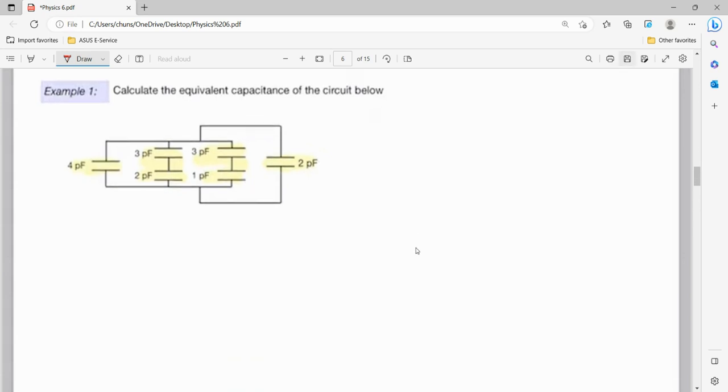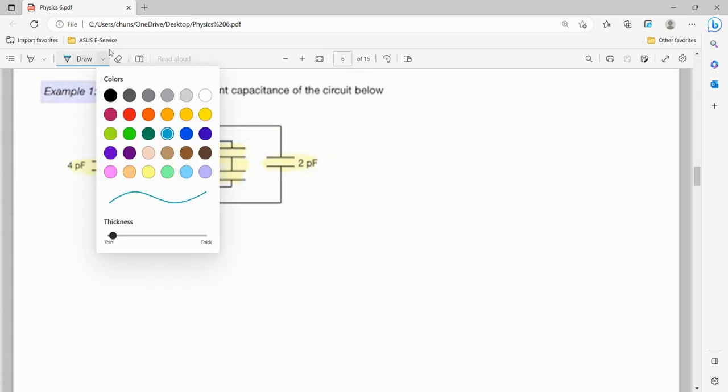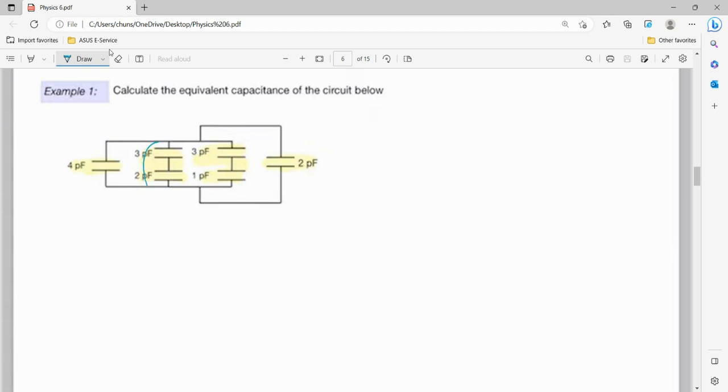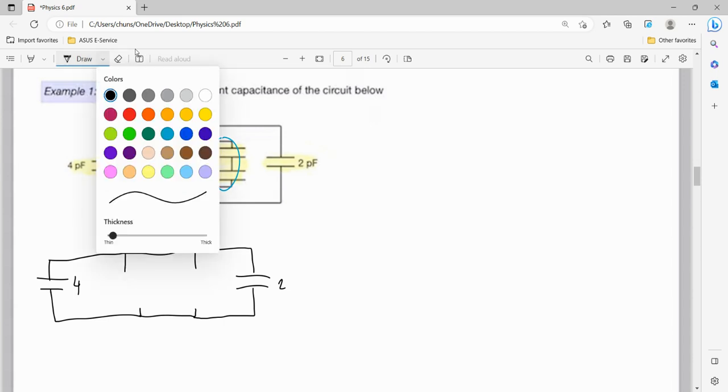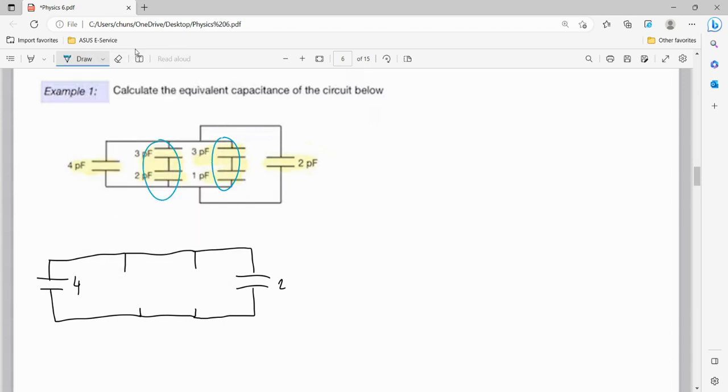We had some practice with this in ENGG 225, so this should be hearkening back to you. We have parallel circuits here, so we can start by simplifying those. We're going to keep our 4 here, and we're going to change these ones out. It's going to be parallel with our new 2, so we're going to add them together, and these are in series.